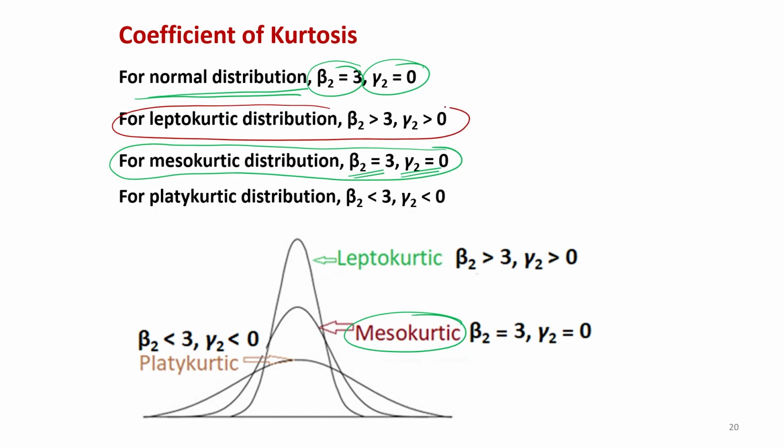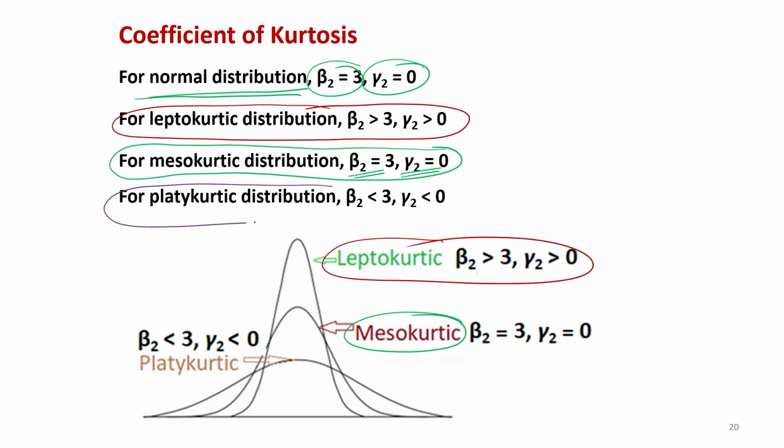In this case beta 2 will be greater than 3 and gamma 2 will be greater than 0. Similarly, if you consider a curve which has a hump lower than the normal distribution, this is platykurtic. In this case beta 2 will be less than 3 and gamma 2 will be less than 0. Right. And the same thing will continue for the sample based coefficients also, right.